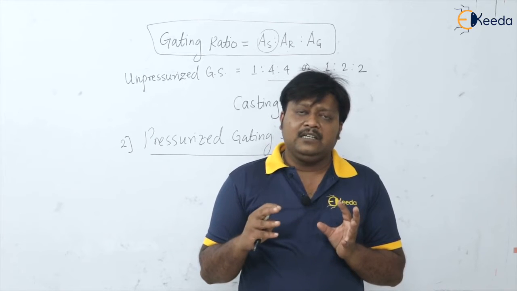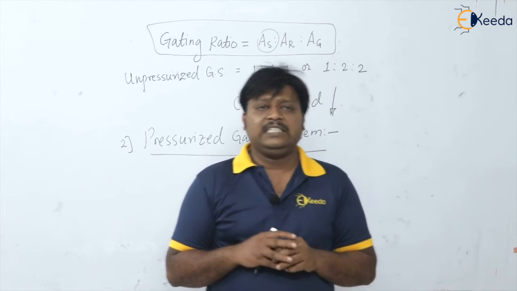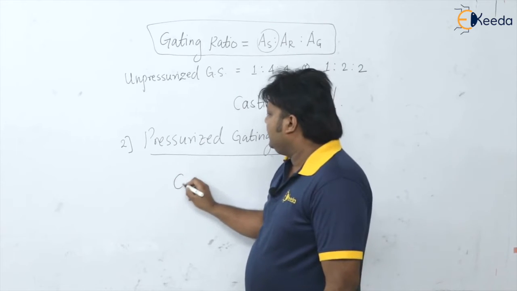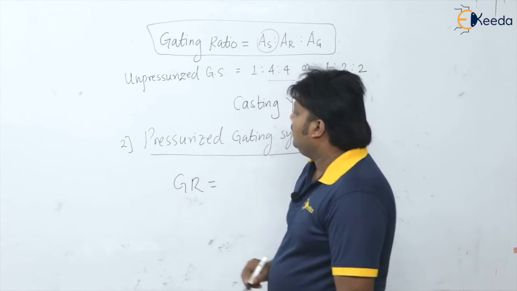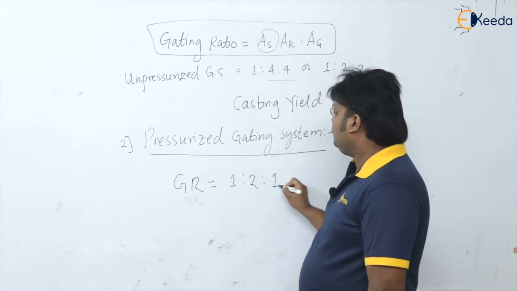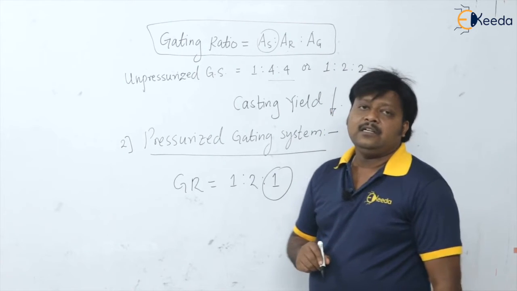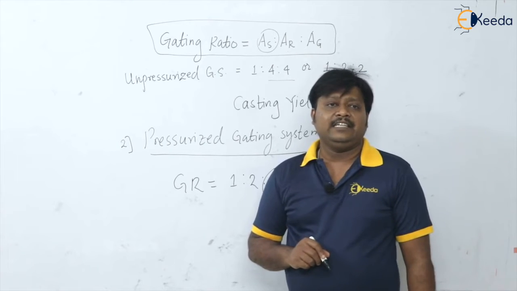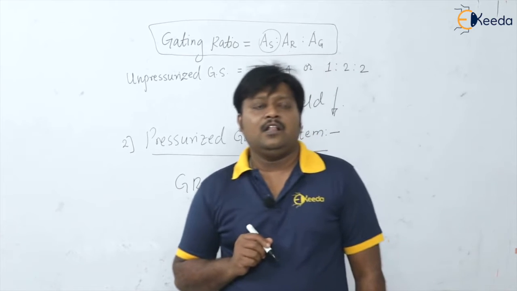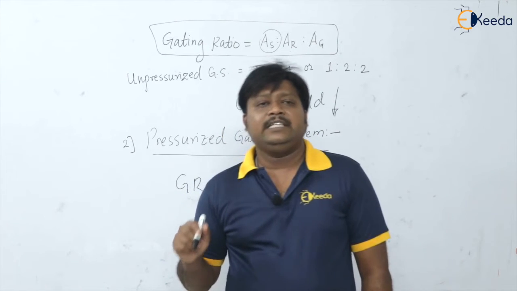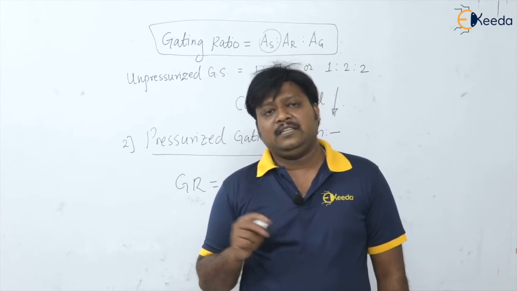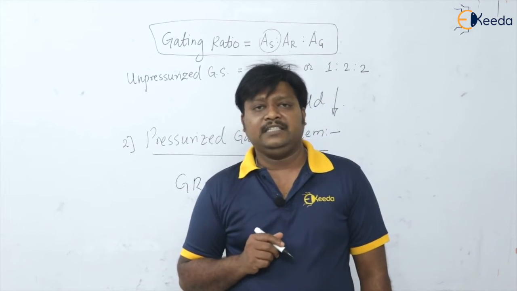The typical gating ratio for the pressurized gating system is 1:2:1. You can see the smallest area for the ingate. So these are the two classifications based upon the gating ratio, that is pressurized and non-pressurized gating systems.